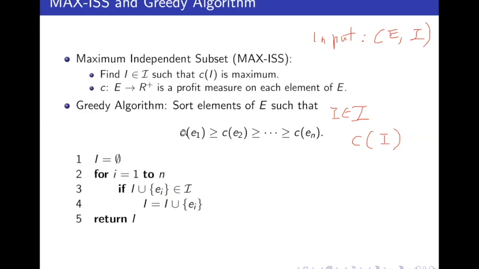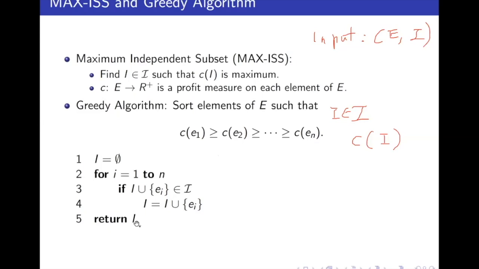Then for each ei, starting from 1, we see whether adding this ei gives us an element in this curly I, in this independent system. If it is, we put ei in it. Starting from e1, then e2, and then en. Each time, if I add the new element and get a set in curly I, I include it. In the end, I found an I and I return it.